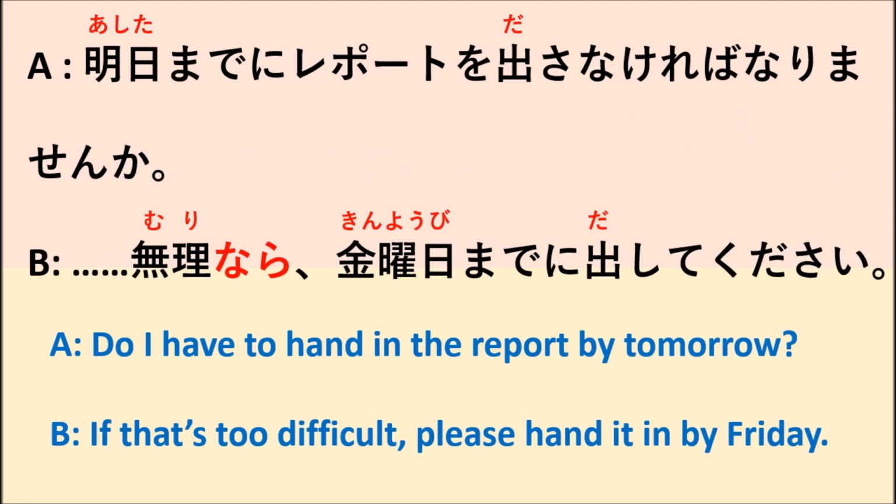Let's see another. Here we also have a conversation. Mr. A: 明日までにレポートを出さなければなりませんか。Mr. B: 無理なら金曜日までに出してください。Mr. A says, do I have to hand in the report by tomorrow?